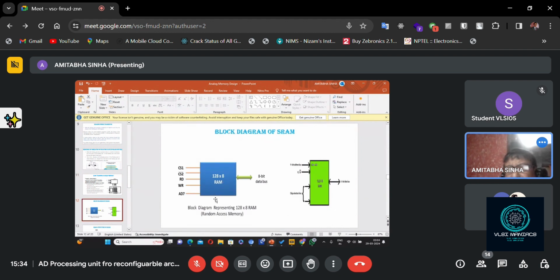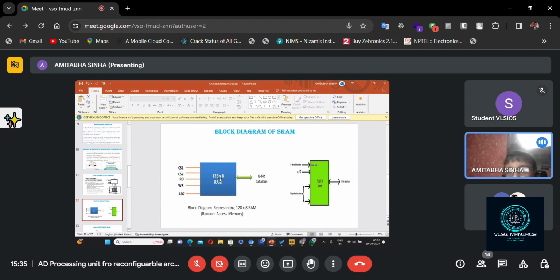Some chips have 2 chip select lines, but these days only 1 chip select line is sufficient. There will be read bar, write bar, address lines, and this is the data bus. This is the block diagram.